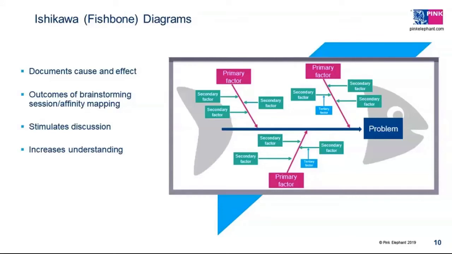What were those? Maybe it's people, process, technology. Maybe it's something else. Once you have your primary factors drawn off of your spine, then you take all those sticky notes and you position them up there under the appropriate primary factors. Some you may have actually organized in your affinity mapping as, well, this one's kind of a subset of that one, and so you might even go down to tertiary factors.